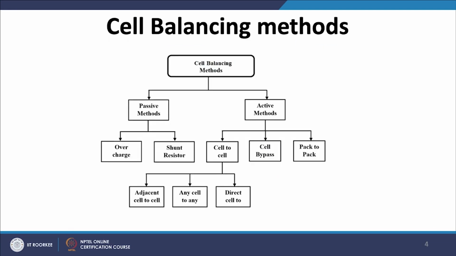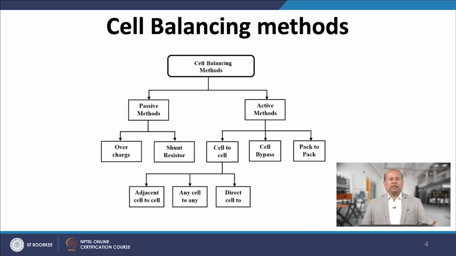There are many cell balancing methods. Cell balancing is broadly divided into two methods, passive and active. The passive methods are segmented into overcharge and shunt resistor methods. The active balancing methods are segmented into cell to cell, cell bypass and pack to pack balancing.